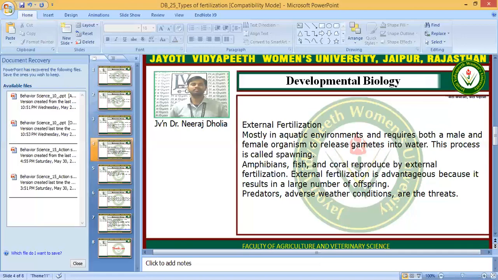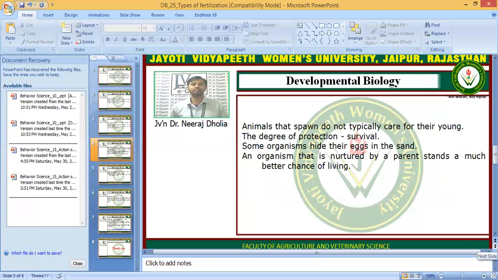The animals that spawn do not typically care for their young. It is observed that the animals which have external fertilization do not care about their offspring.